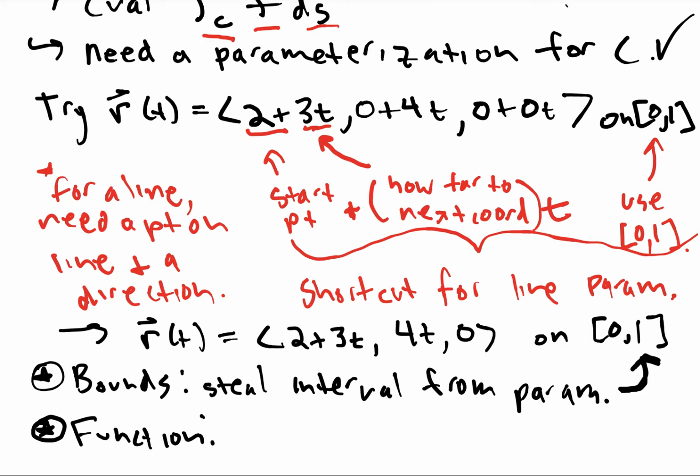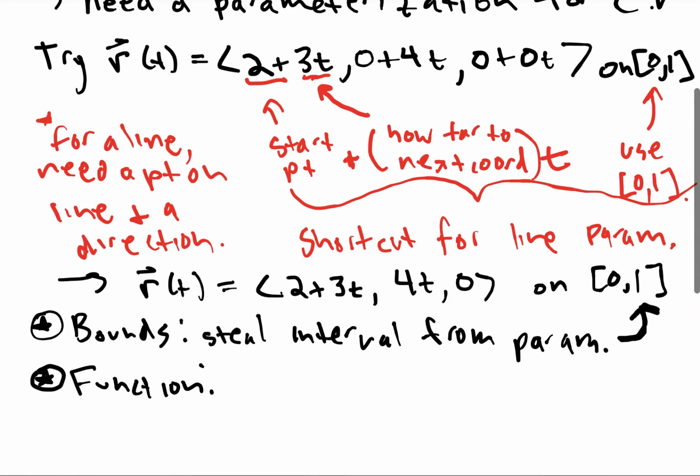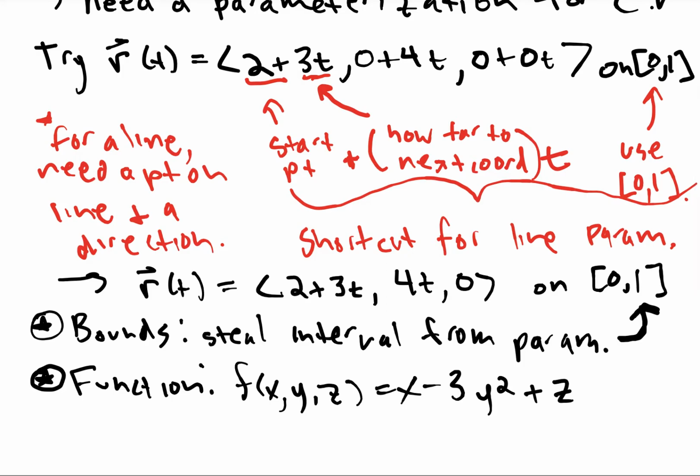Okay, now just for reference, I'll scroll back up to copy this down. We had x minus 3y squared plus z. What I want to do is sub in your parameterization, right? So substitute in your parameterization to get what I'm going to call f of r of t.